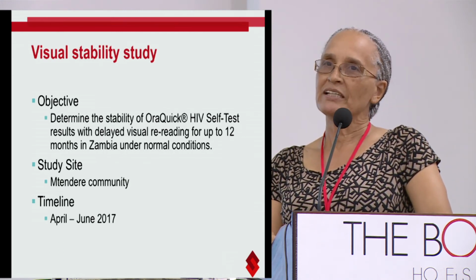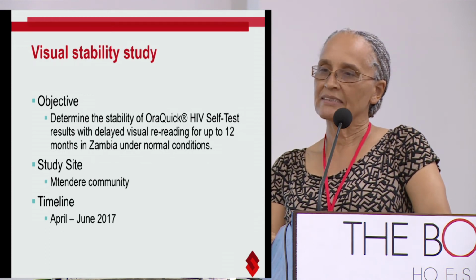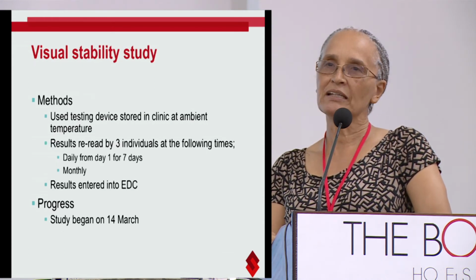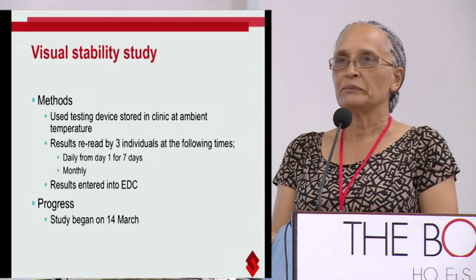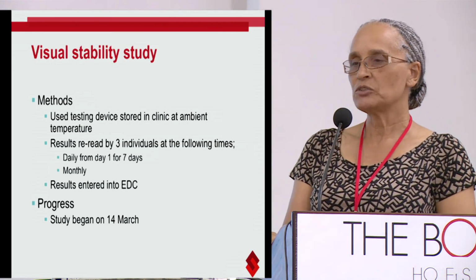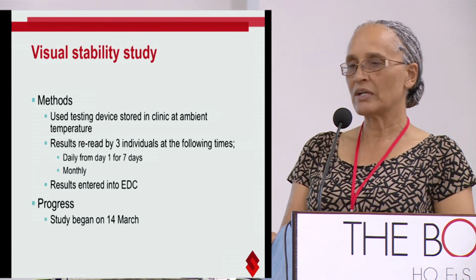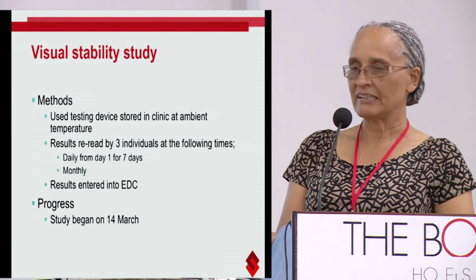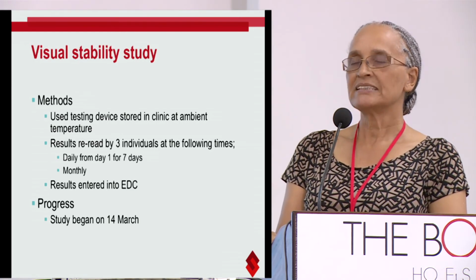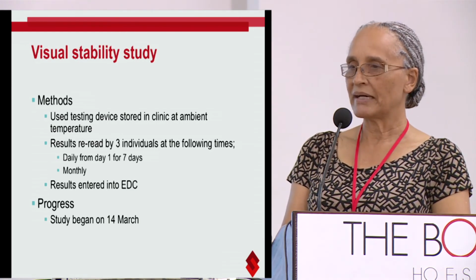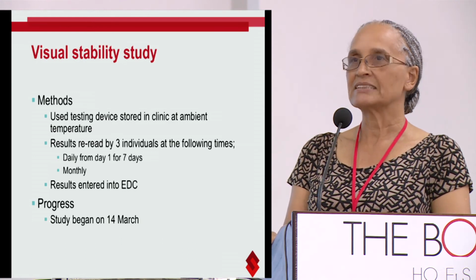The kits are stored at ambient temperature and reread by 3 different people, and we have a schedule for rereading. Each one will be read daily from day 1 to day 7, and then monthly. Then we enter the results into the device. This study began on 14th of March, so we don't have many results at the moment.